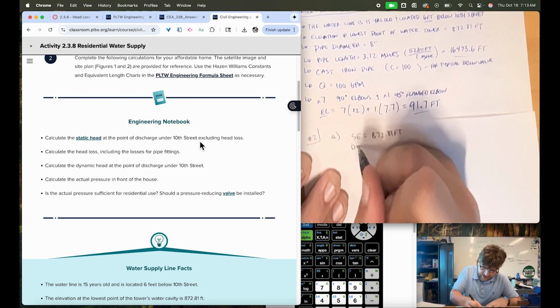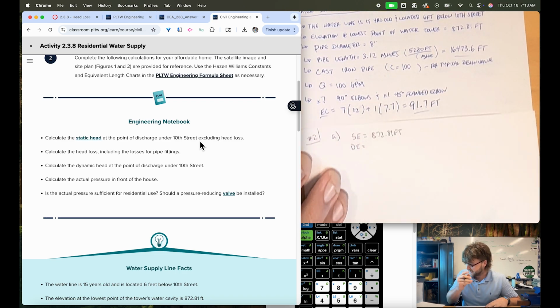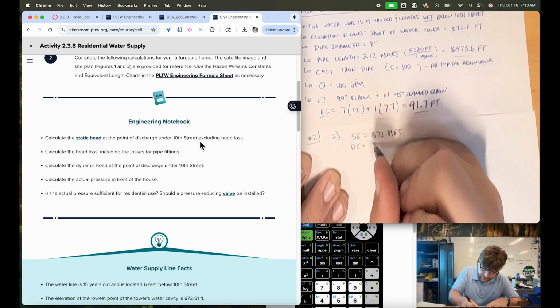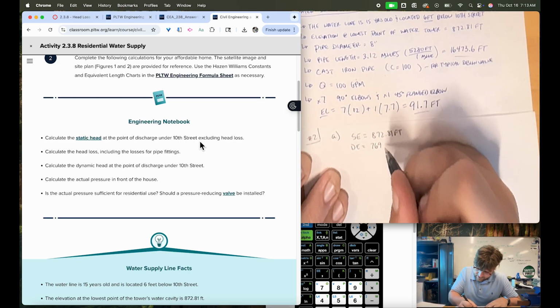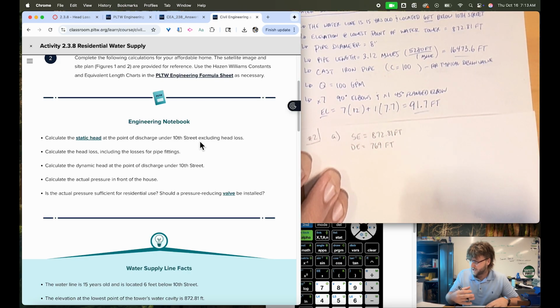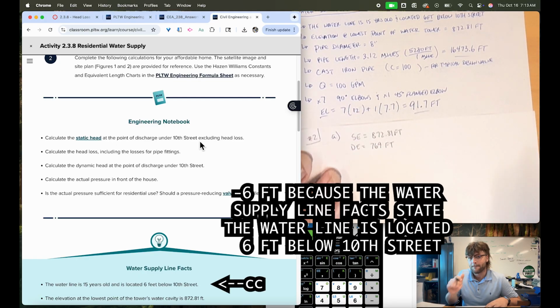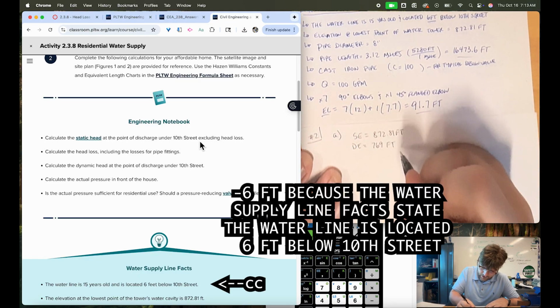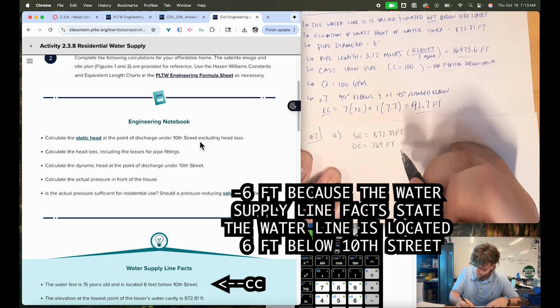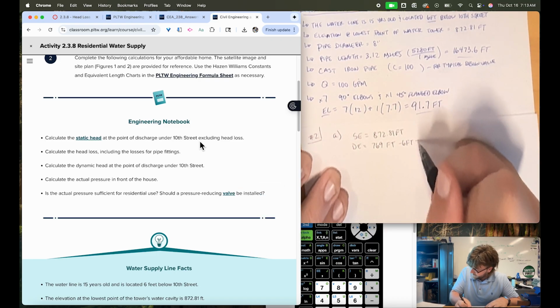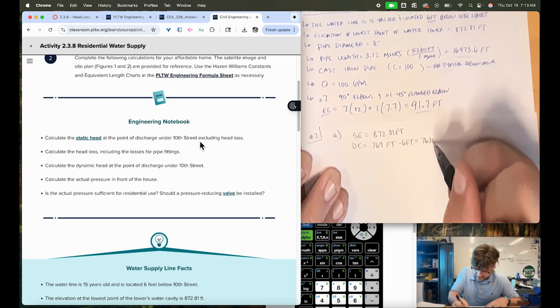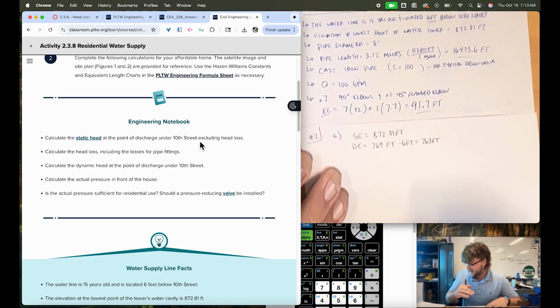We also have the discharge elevation, which is going to be the elevation of the site, so that's 769 feet. Now, to calculate the elevation at the point of water discharge, we're going to go 769 minus 6 feet. And then that's going to give us 763 feet.